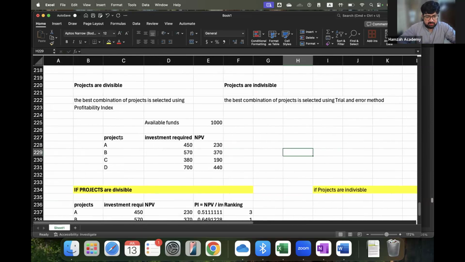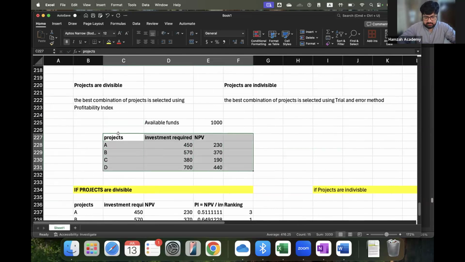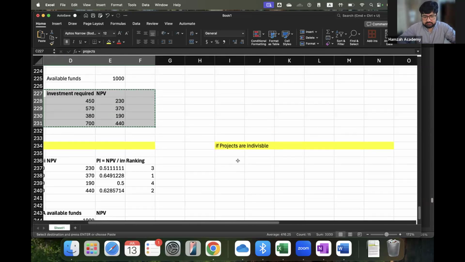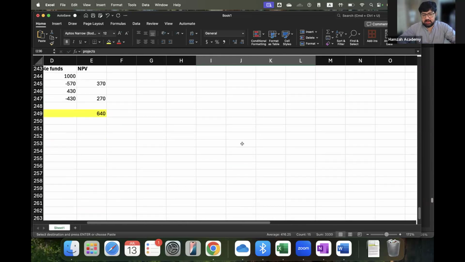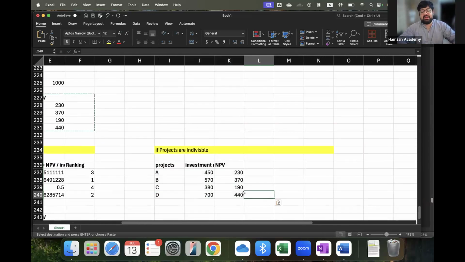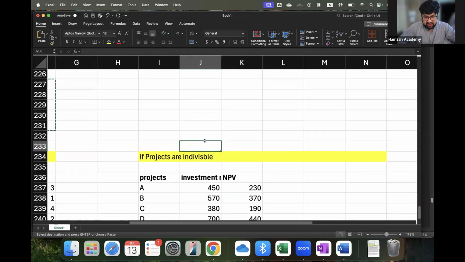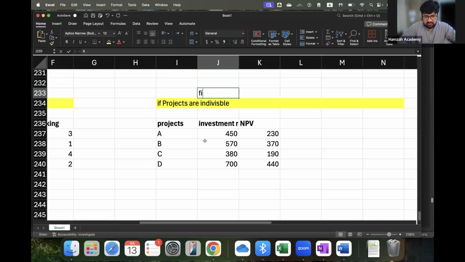Now come towards, if it is clear, it should be clear, if projects are indivisible. Yes, I will copy once again all this data from here. Now, come here. We need to make combinations. Funds limitation is 1,000.